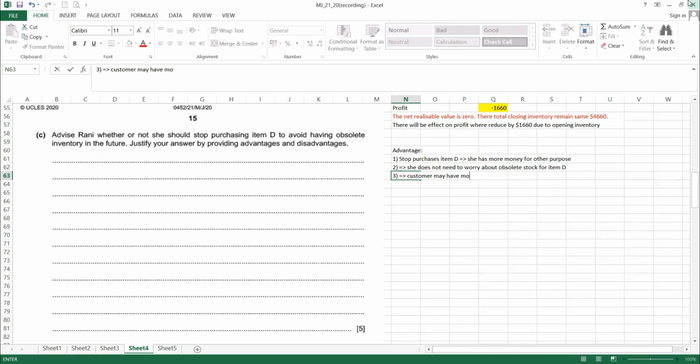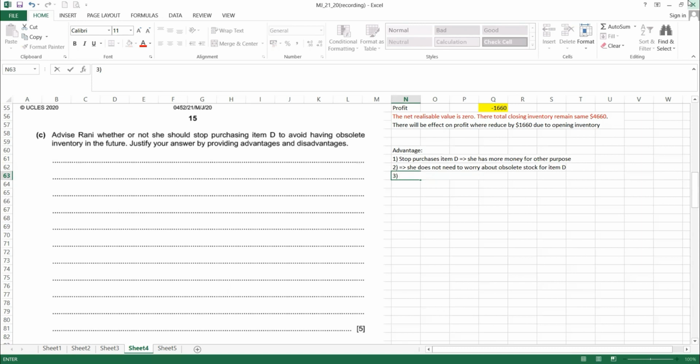Sorry, this one is less choices. It's not the advantage. This is actually a disadvantage already. Let me think what else could be the answer. Okay, if she chooses to stop, she has more money for other purposes.